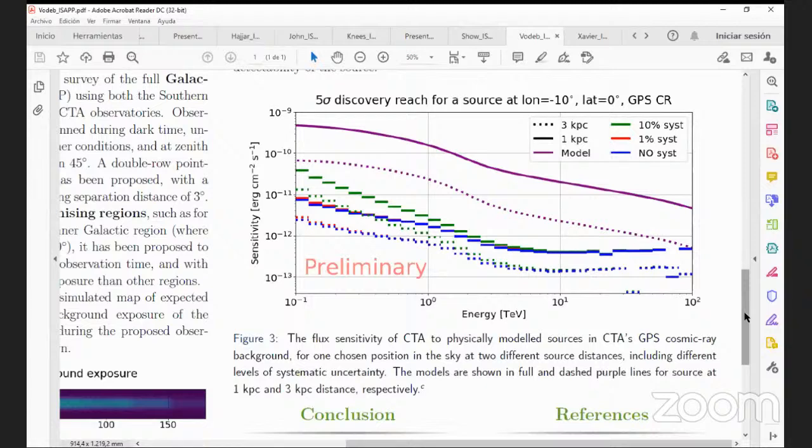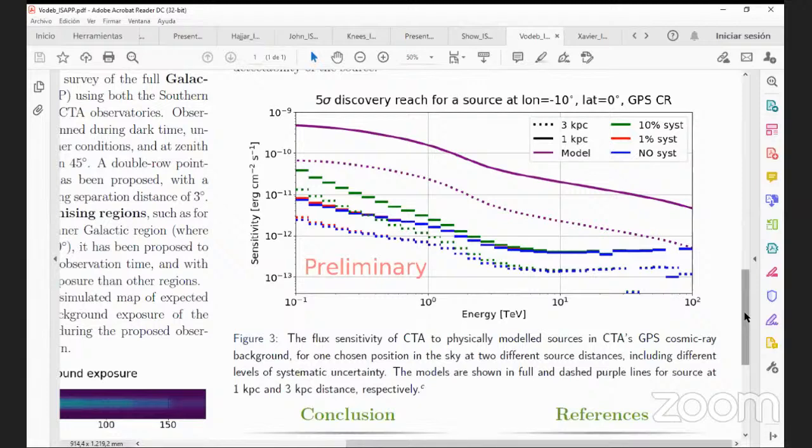Again, only considering the cosmic ray background, we obtained the sensitivity shown in figure 3. This time it is just for one chosen position in the sky at -10, 0 degrees of longitude and latitude. The plot shows sensitivity for 2 physical sources positioned at 2 different distances from Earth: one is 1 kiloparsec and another is 3 kiloparsecs away.